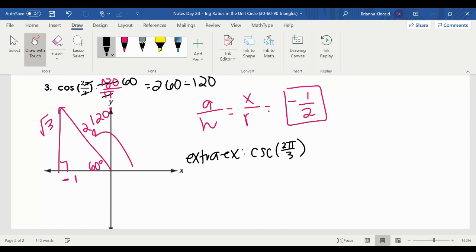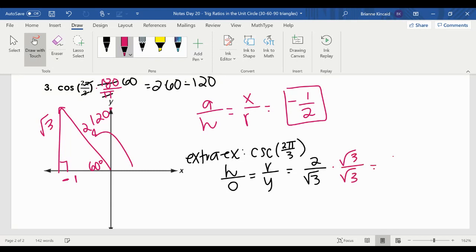Sine is opposite over hypotenuse. So this is hypotenuse over opposite, or r over y, or 2 over radical 3. Remember, can't have radicals in the denominator. We'd have to rationalize to get a value of 2 radical 3 over 3. That's what can make these tricky if you don't watch your signs and if you're not careful to rationalize.